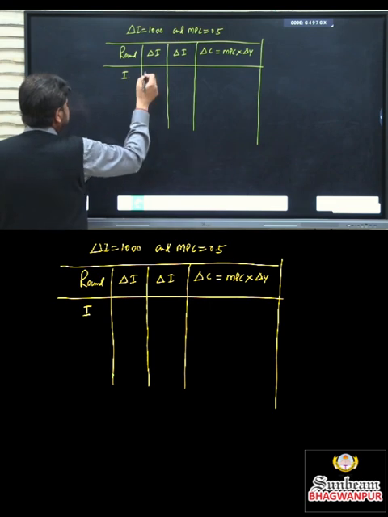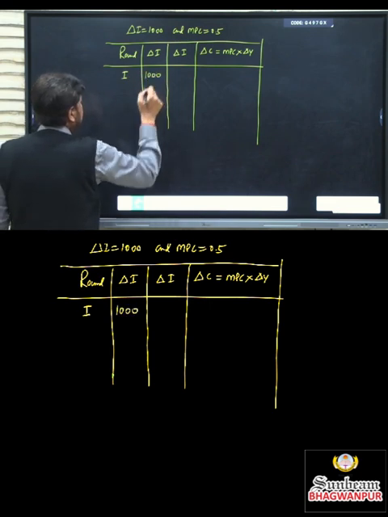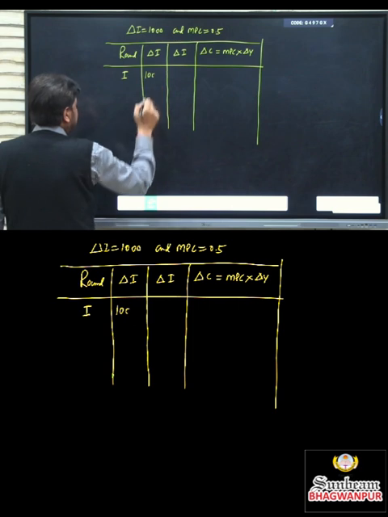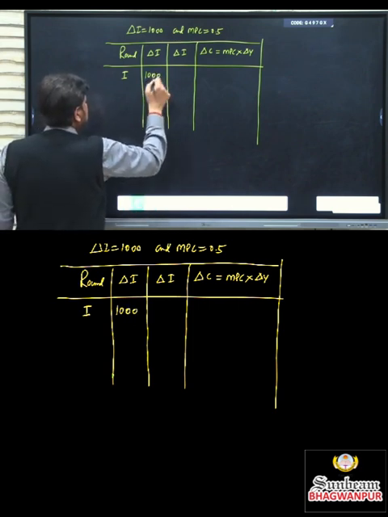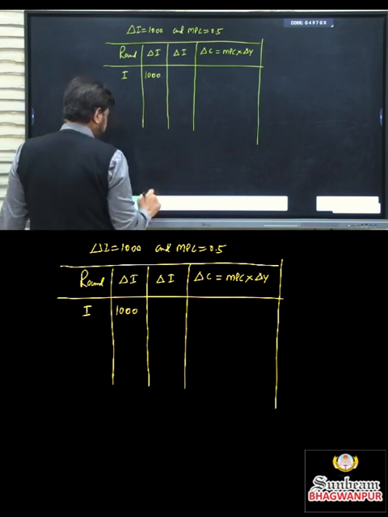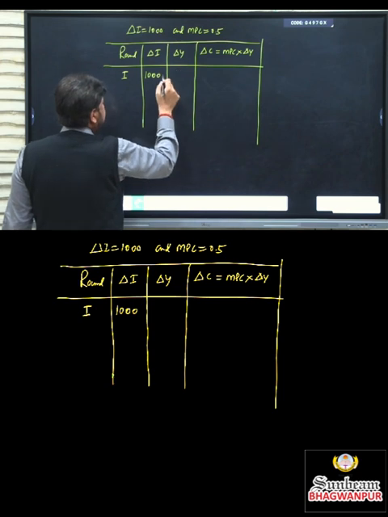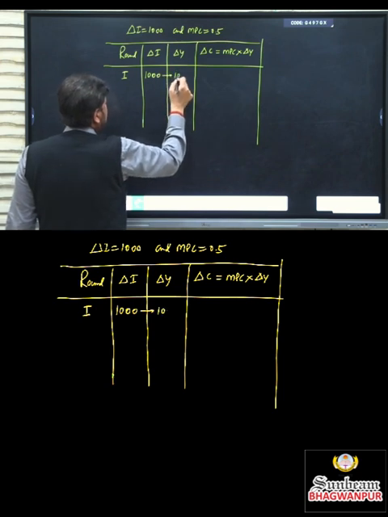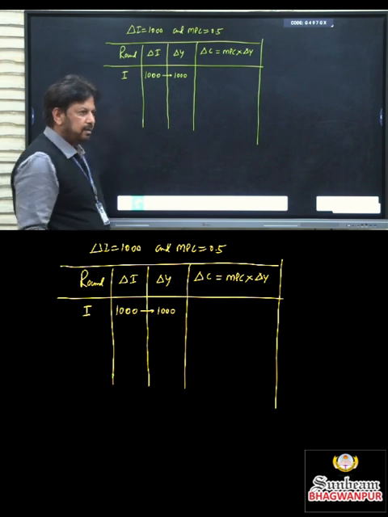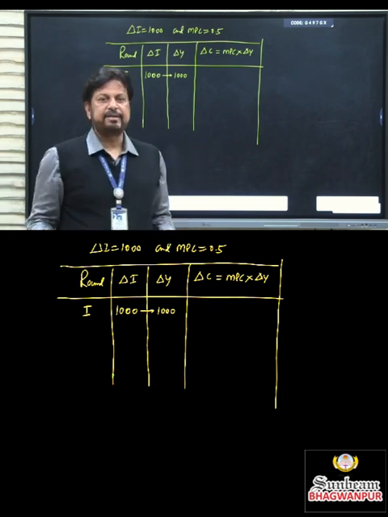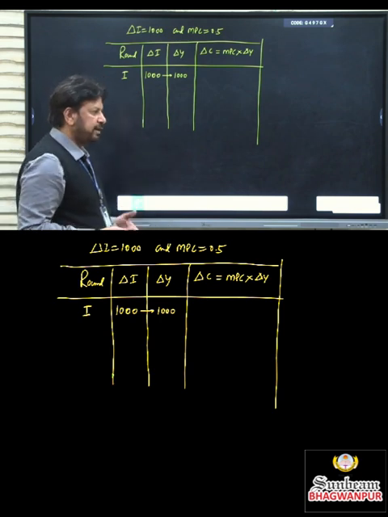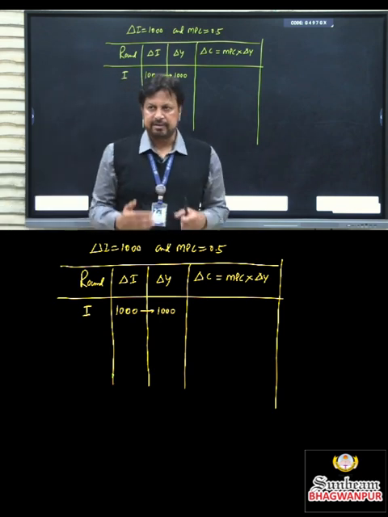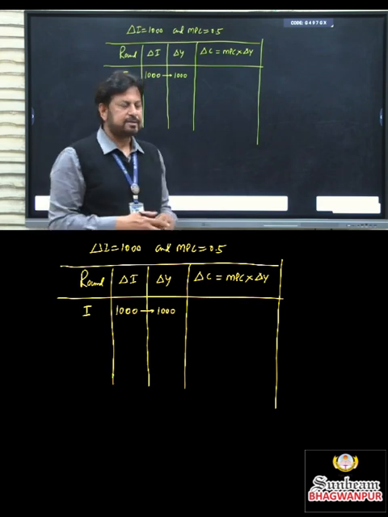There is a rise in investment by 1000, no, this is 100. Sorry, it is 1000. So there will be a rise in income also by 1000. If there is an increase in investment by 1000, there is a rise in income by 1000 in the economy, because whenever you purchase a capital asset, it generates the same amount of income for others.